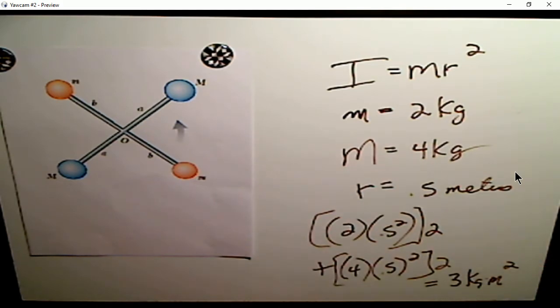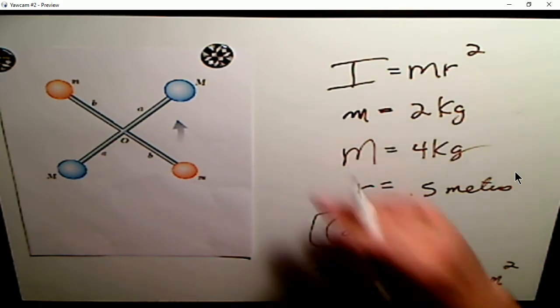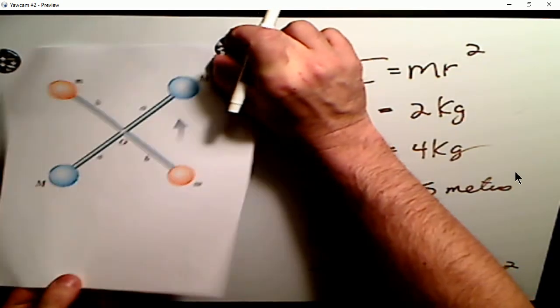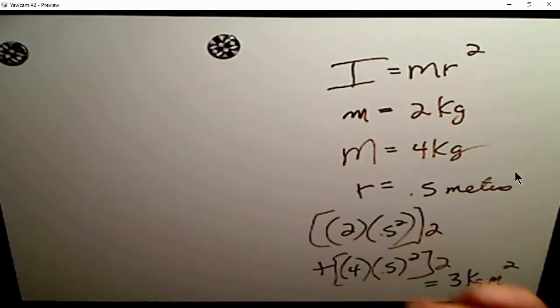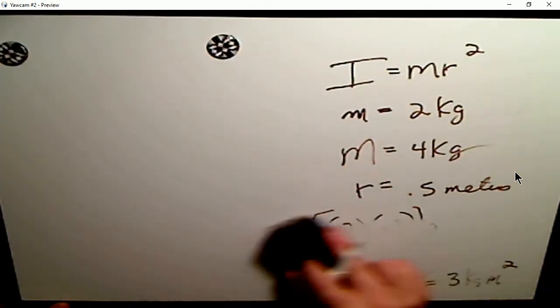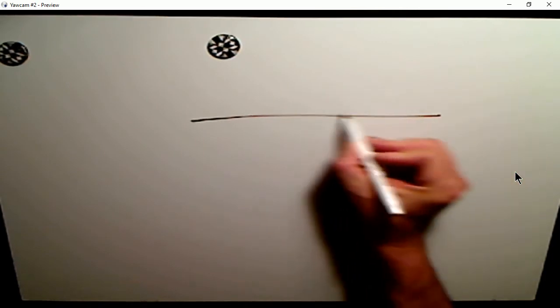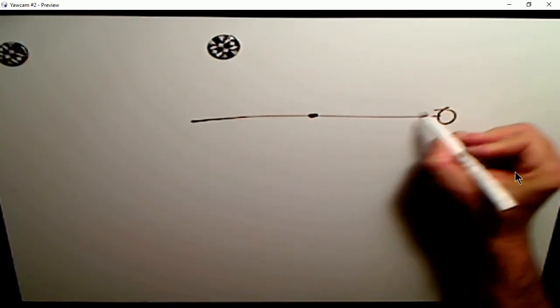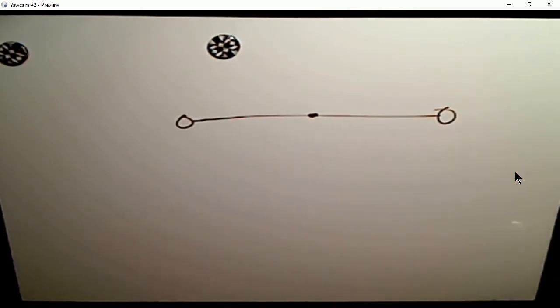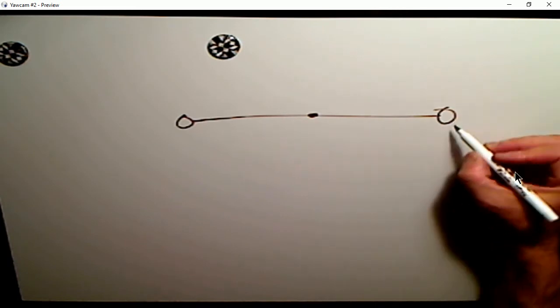Let's look at something different here. What if we had a pivot in the center, like a propeller, with weights at both ends? So I have a pivot at the center, weights at both ends, and mass.